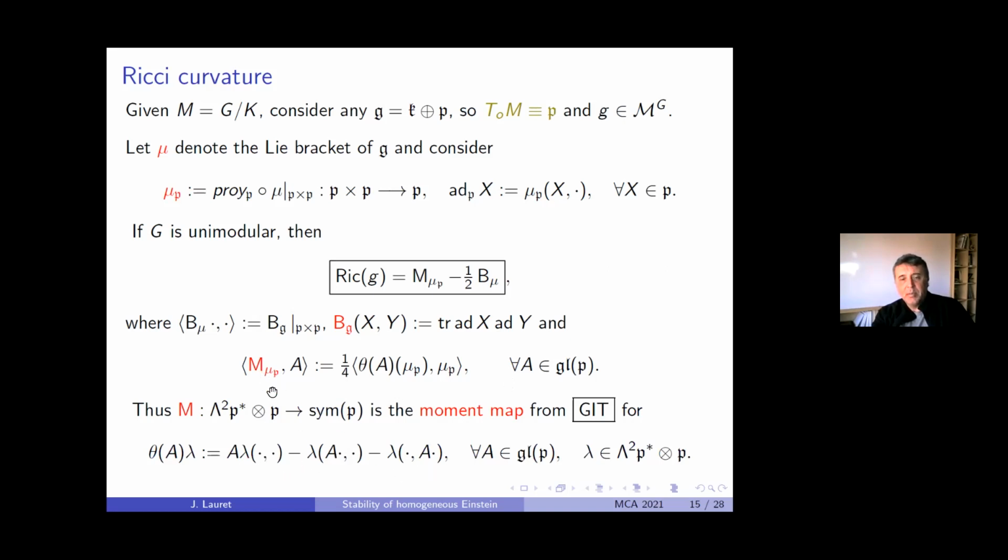This is M_mu on p. So you are finding here not only Lie theoretical properties and tools, but also ones from geometric invariant theory. And of course, a lot of representation theory and algebra can be used to study the geometry of these metrics. So this is Ricci: the moment map minus the Killing form.